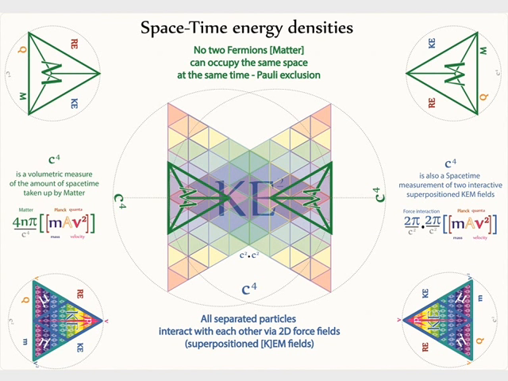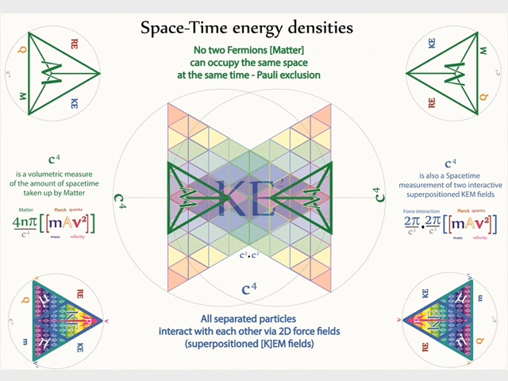The time energy or the energy densities, normally expressed in relativity as stress energy tensors, can now be revealed in their matter energy forms, and the forces between two material objects, two forms of matter, as illustrated there, can be shown to be the superpositioned energy momenta of the two fields, or the kinetic energy squared of the two fields.